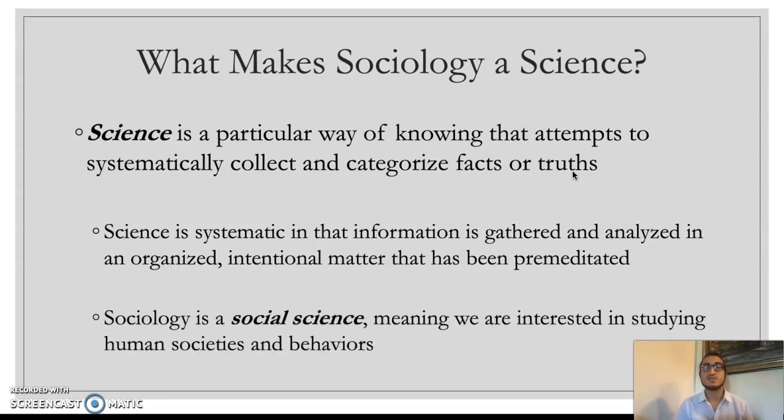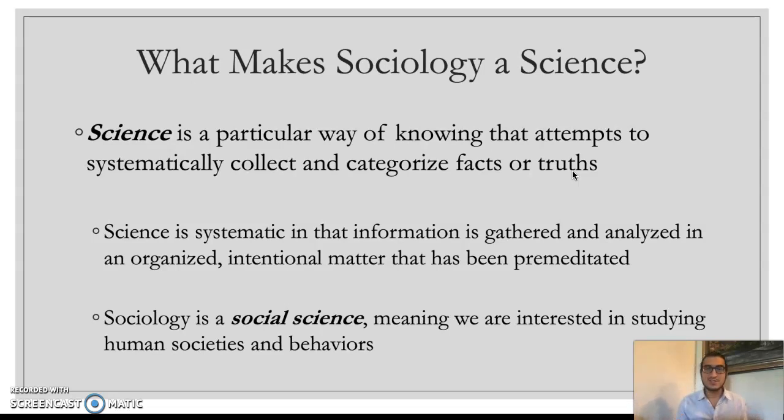Sociology is a social science, which means we are interested in studying human societies and behaviors. I've talked about that before, and again, just because we are a social science does not mean that we can slough off with our research methods. It does not mean we can slough off with the systematic organization of how we go about collecting and analyzing data, and it does not mean that everyone's personal opinions count as science.